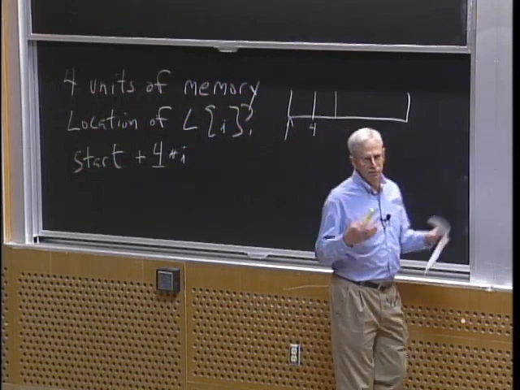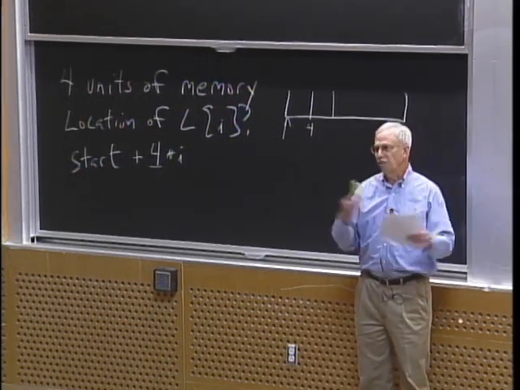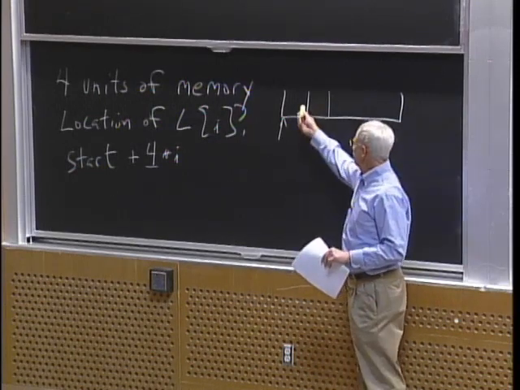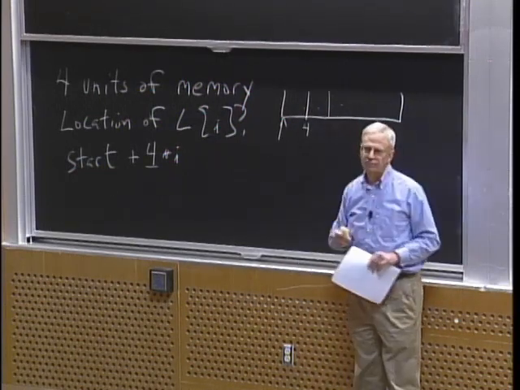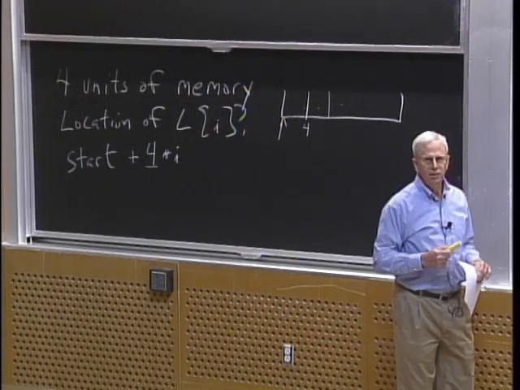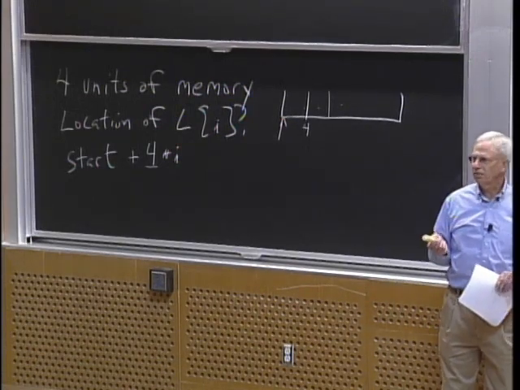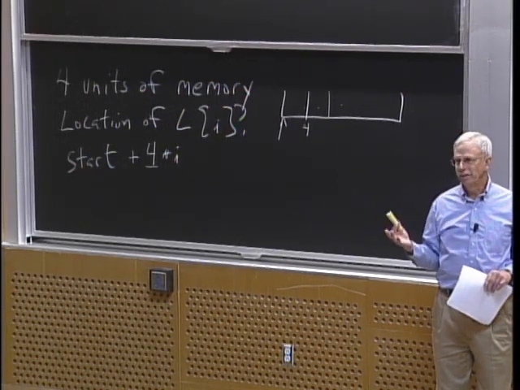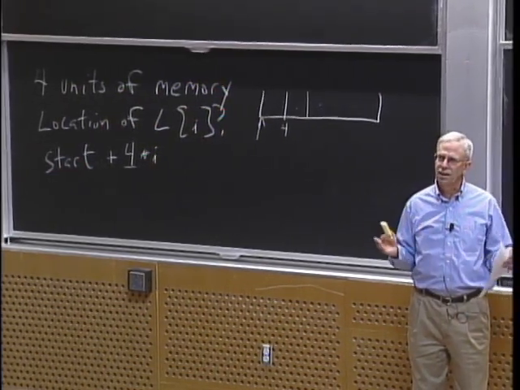If it's 2, it's 2 times I. If it's 58, it's 58 times I. It doesn't matter. But what matters is that each element is the same size. So this trick would work for accessing elements of lists of floats, lists of ints, anything that's of fixed size.